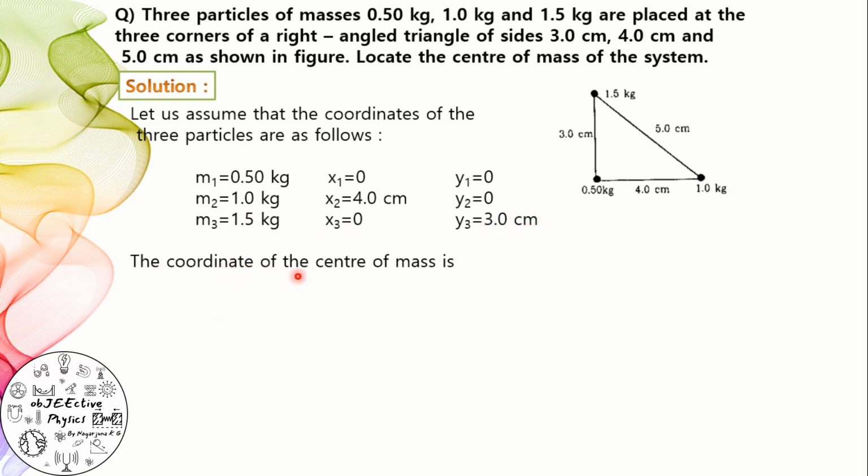Therefore, the coordinate of the center of mass is capital X is equal to m1 x1 plus m2 x2 plus m3 x3 divided by m1 plus m2 plus m3.